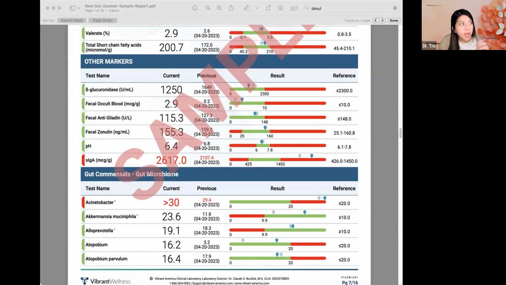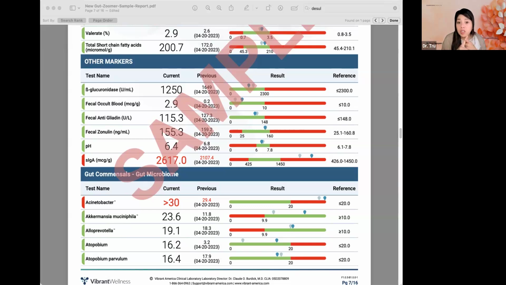Just quickly, going back to the short chain fatty acids, the causes of low short chain fatty acids are diarrhea, because of the rapid transit leading to decreased short chain fatty acid production. Constipation can lead to increased short chain fatty acid absorption.